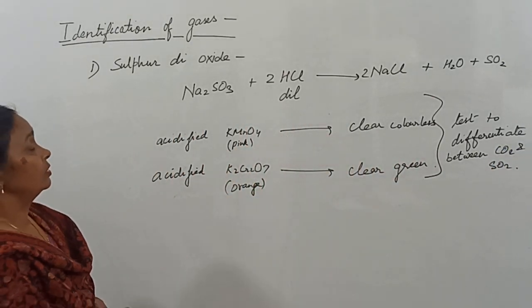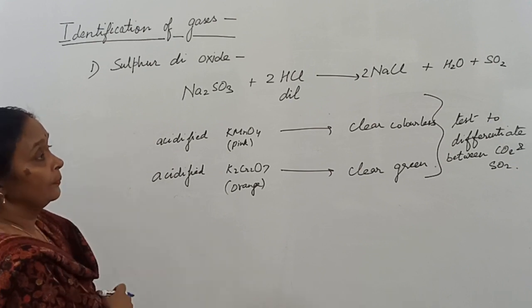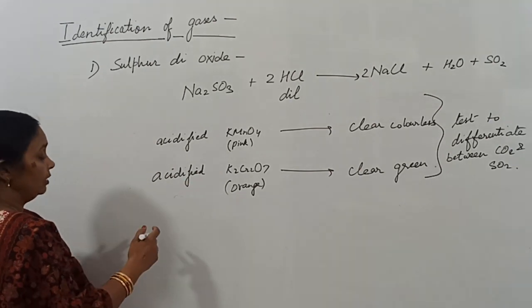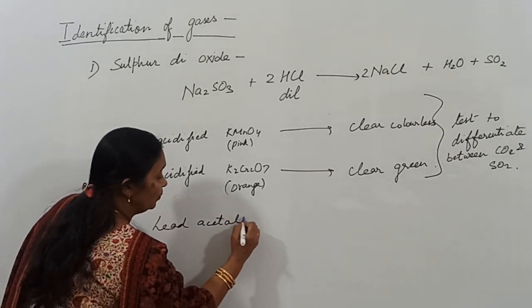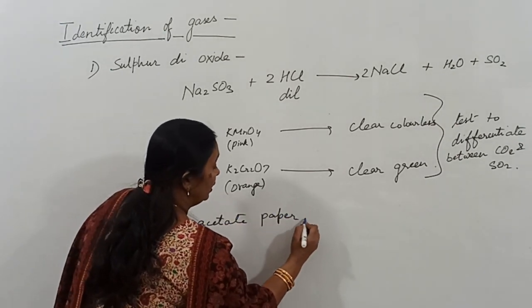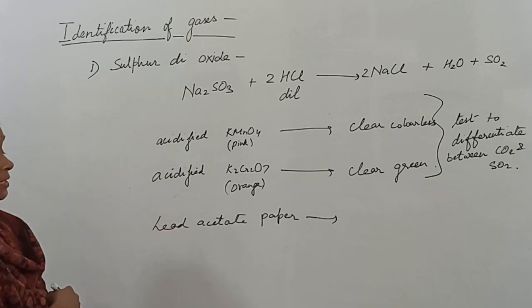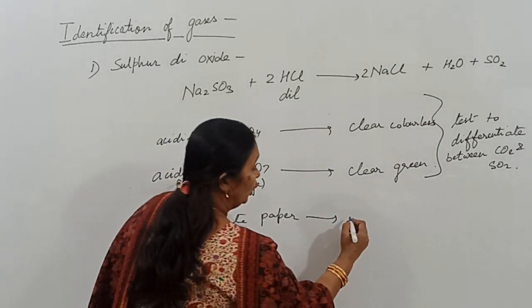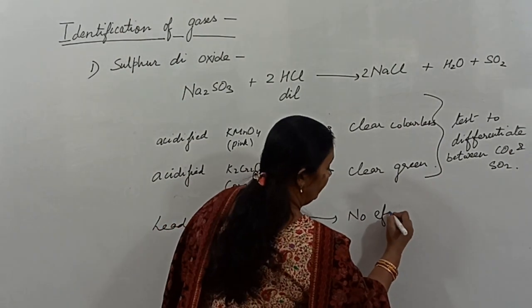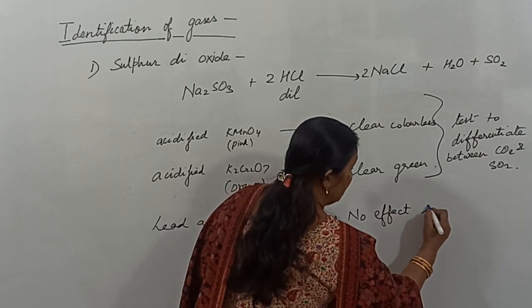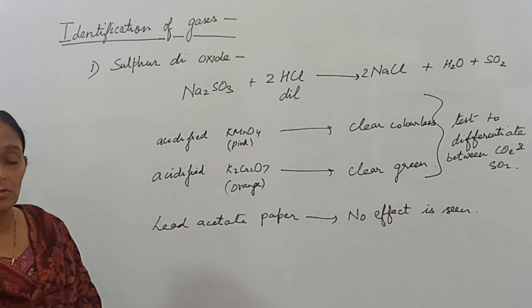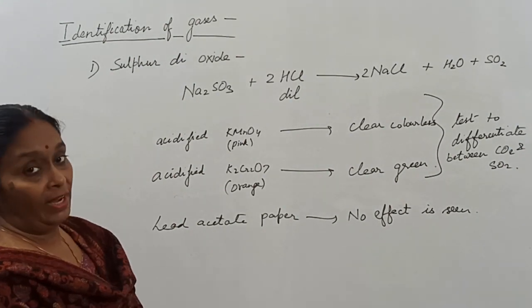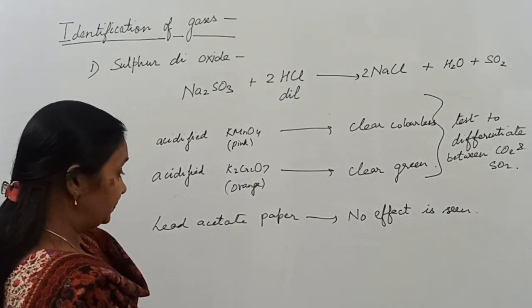Now one more test you can perform on this gas is using lead acetate paper. If you bring lead acetate paper in contact with sulfur dioxide gas, no effect is seen. This test differentiates this gas from hydrogen sulfide gas, which is also acidic in nature.